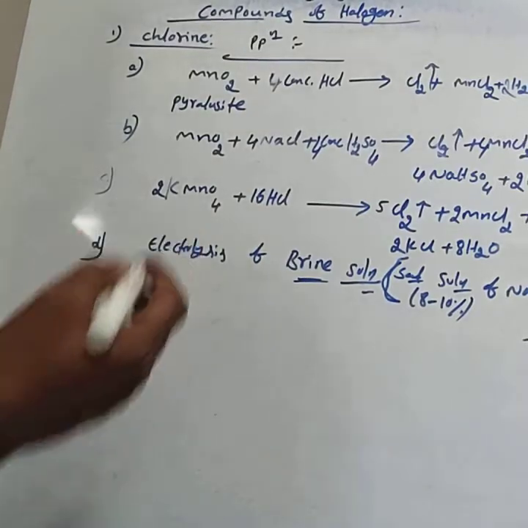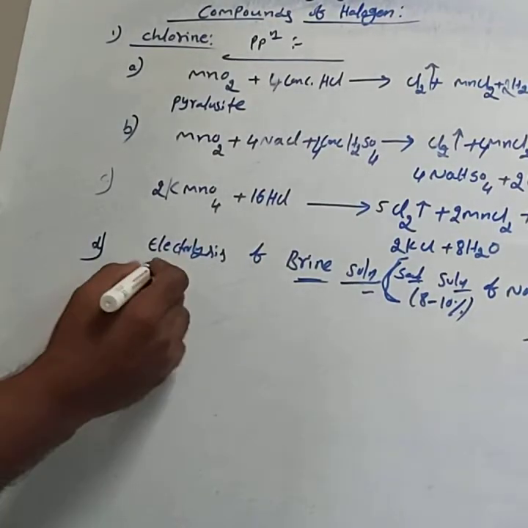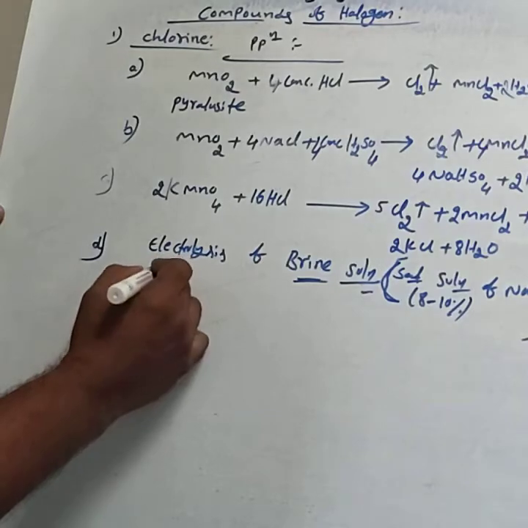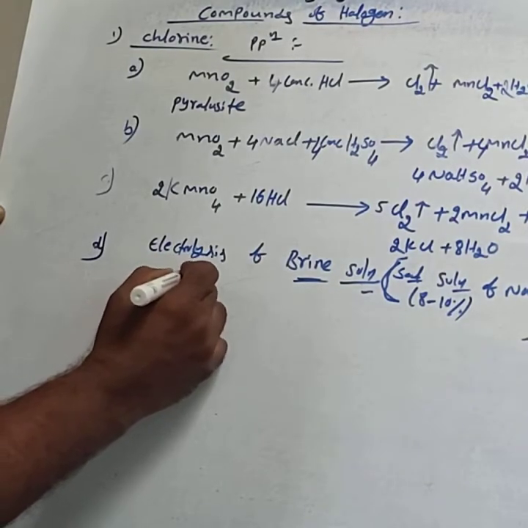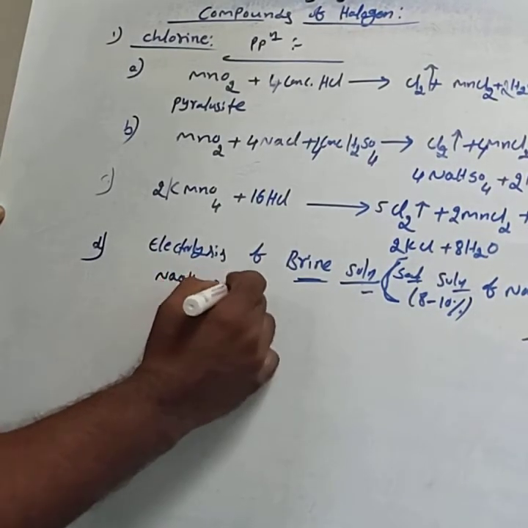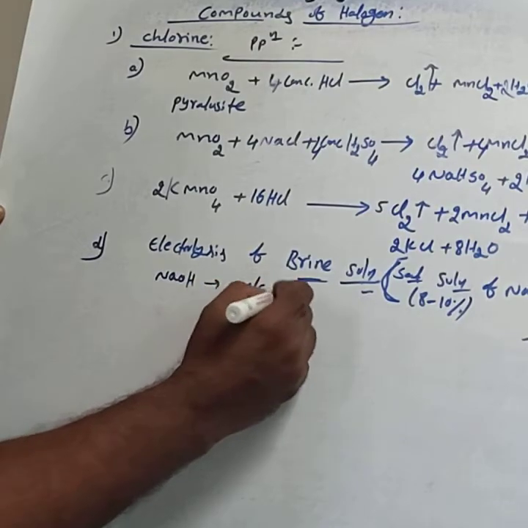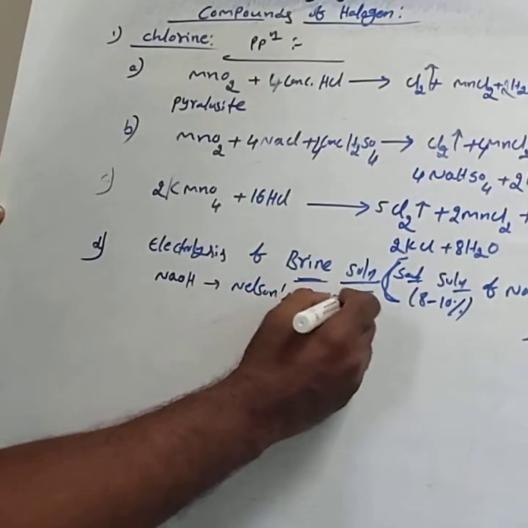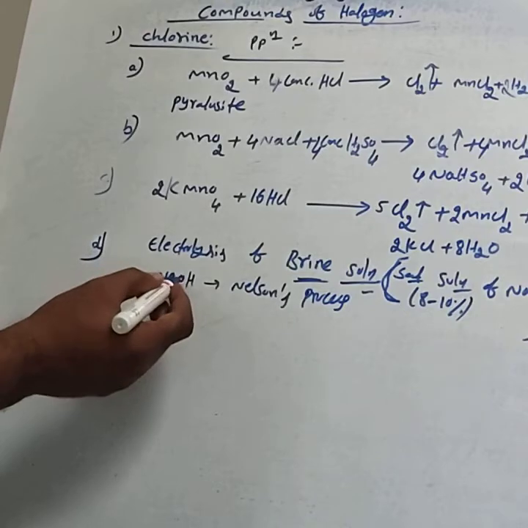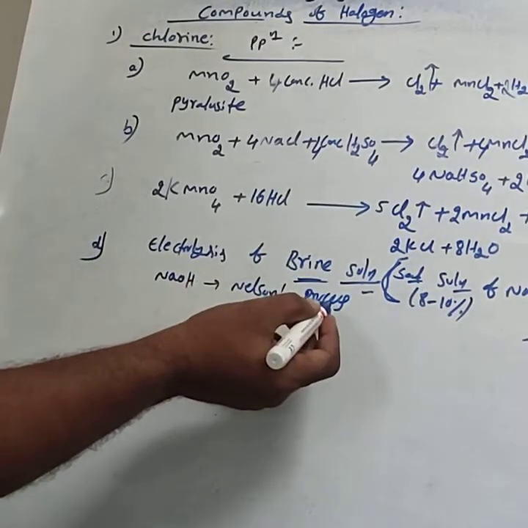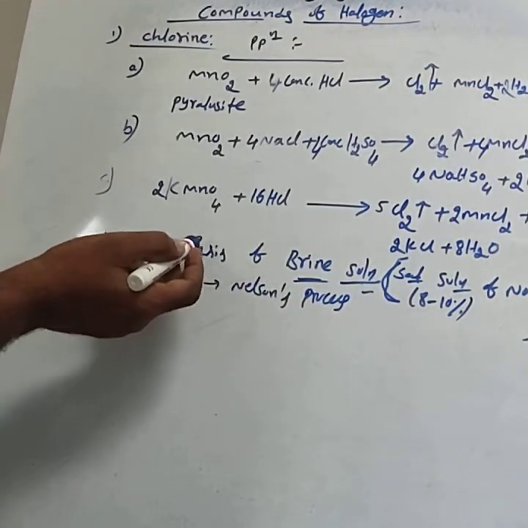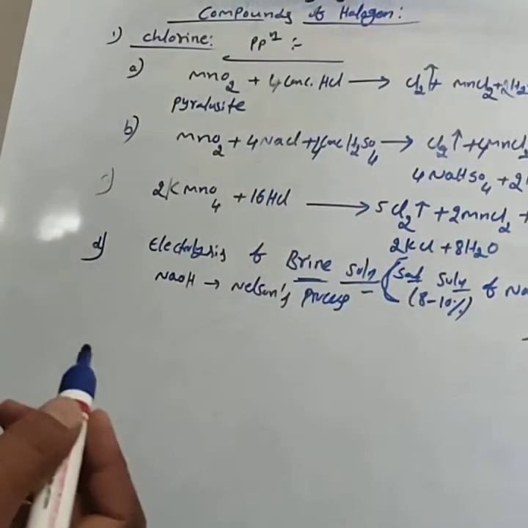If you pass an electric current through the brine solution, it is used for the manufacture of caustic soda, that is NaOH, by Nelson's process. In the first year syllabus, we discussed caustic soda manufacture by Nelson's process, using electrolysis of the brine solution.